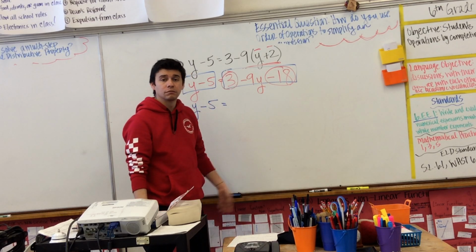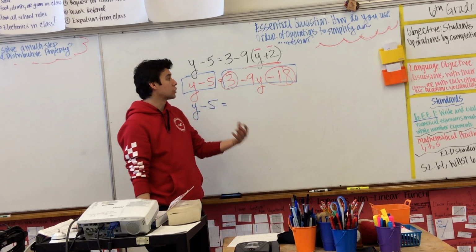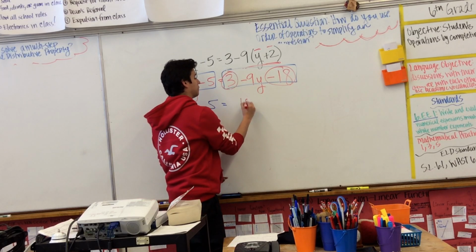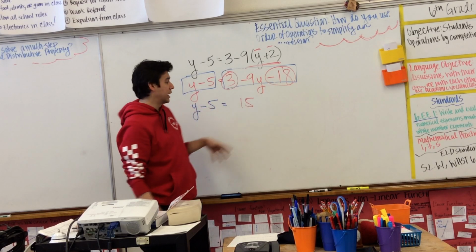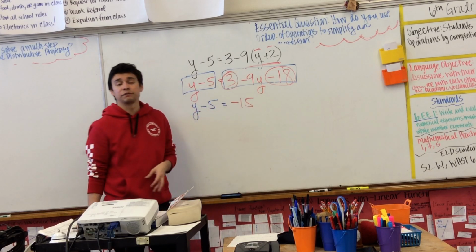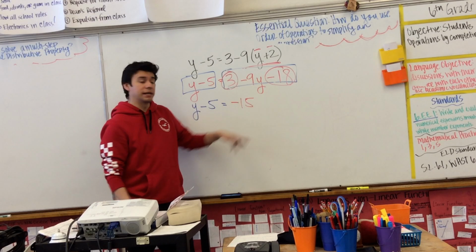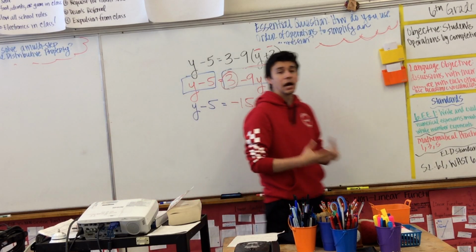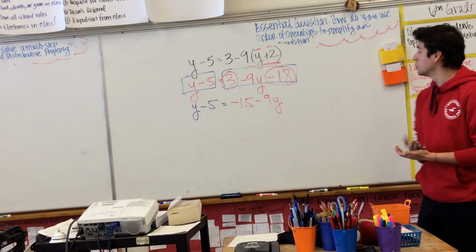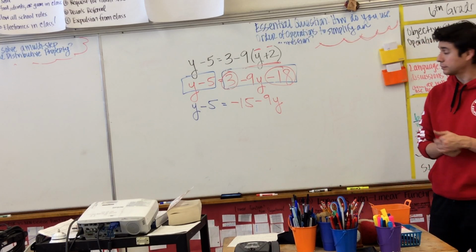It's different. What do you do with the numbers? Subtract them. So that's 15. Do you have more positives or more negatives? Well, more negatives. So that would become negative 15. Then you drop the minus 9y.